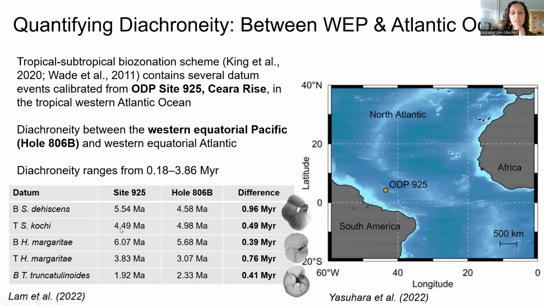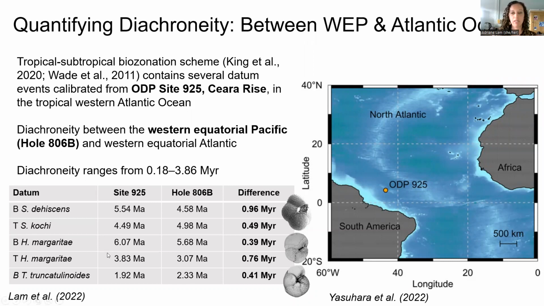The base of dehiscence has a difference of almost 1 million years between the western equatorial Pacific and western equatorial Atlantic. Some other high ones are the top of Marguerite, that differs by about 760,000 years between these two sites. And the others here are on the range of about 400,000 to about 500,000 years.